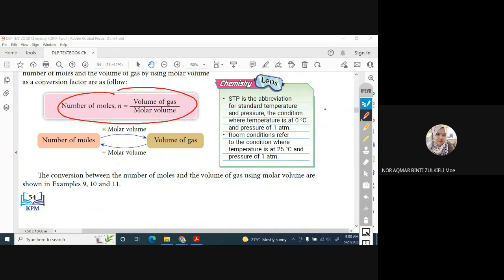Mole volume of gas over molar volume. Okay, mole equal to volume of gas over molar volume. Okay, yang 22.4 tadi dengan 24 tadi, actually the molar volume. Molar volume. Okay, kita tengok macam mana pengiraan. Calculations.